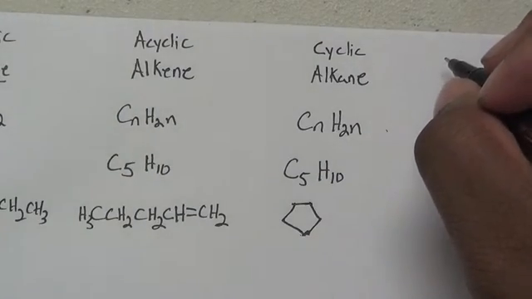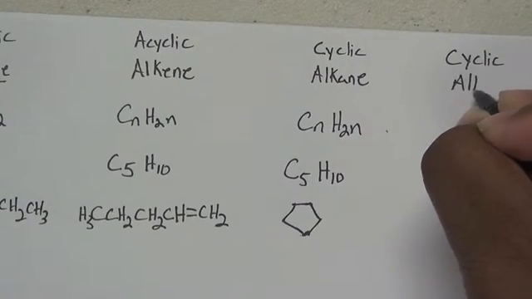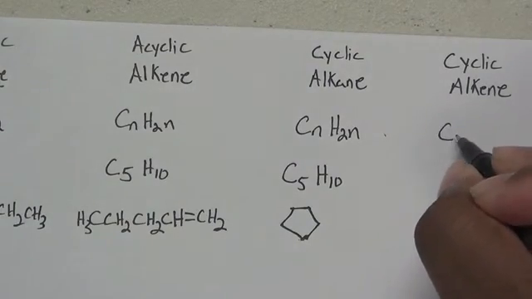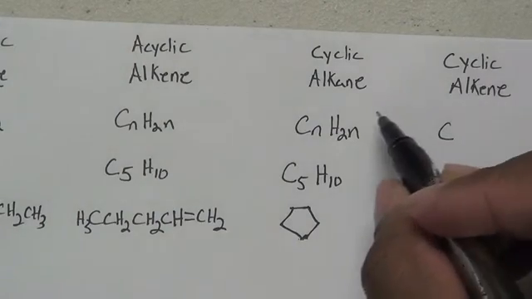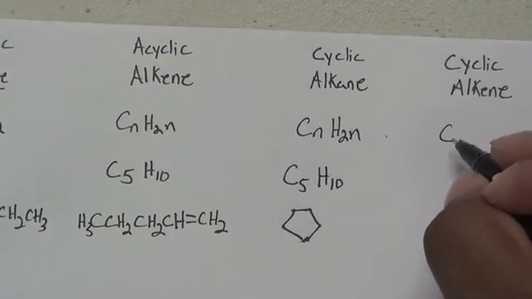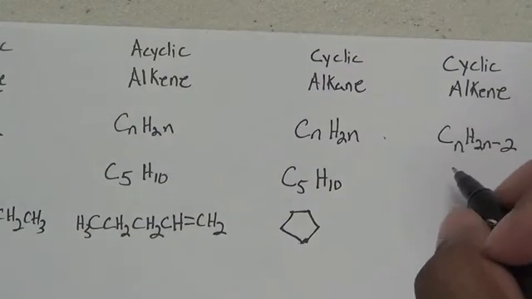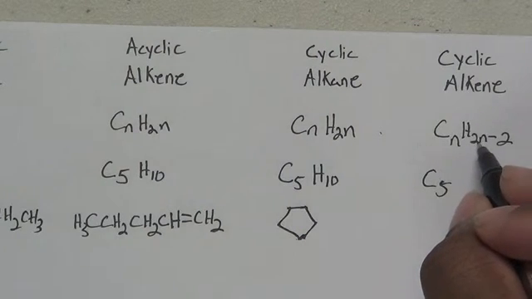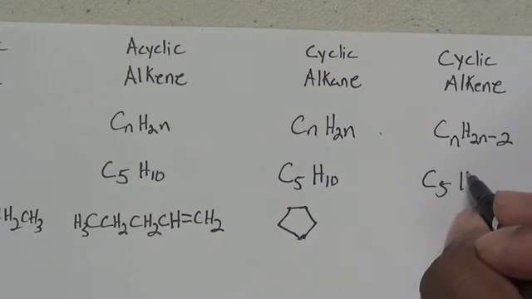Okay, so if we go to a cyclic alkene, let's look at the formula first. The formula to find out the number of hydrogens given 5 carbons would be CnH2n-2. Sticking with 5 carbons, it'll be 5 times 2 is 10 minus 2, so we'll be at C5H8.